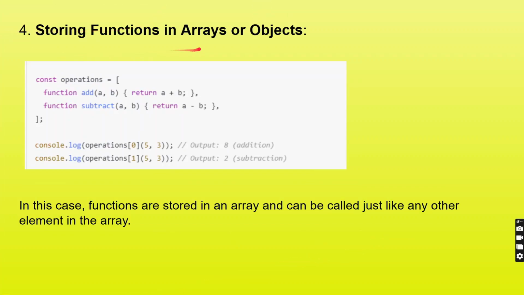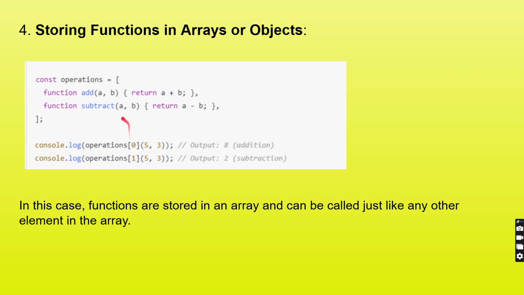Storing functions in arrays or objects. Here we have an array of operations which has two functions. One is add, which takes two parameters and returns a plus b, and the other is subtract, which takes two parameters and returns a minus b. And in console.log, operations at index 0 we are calling with 5 comma 3.